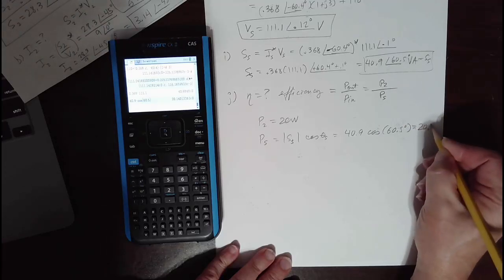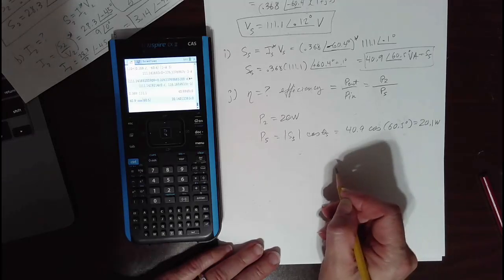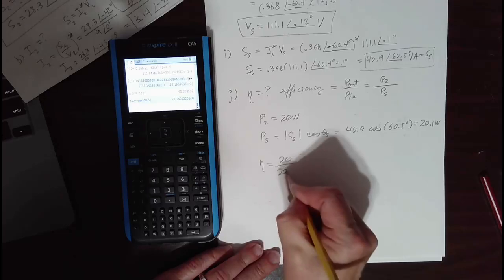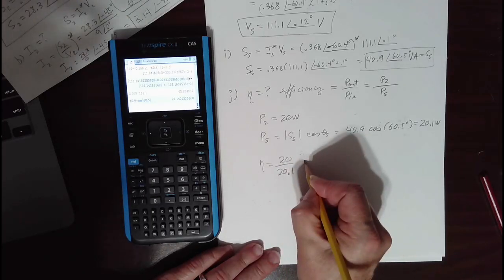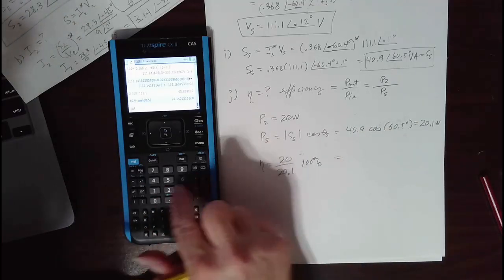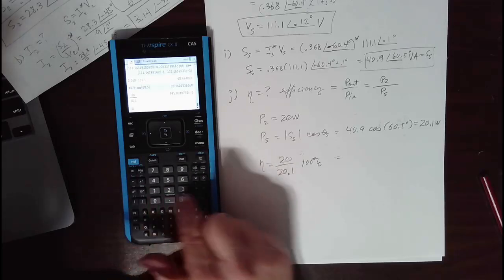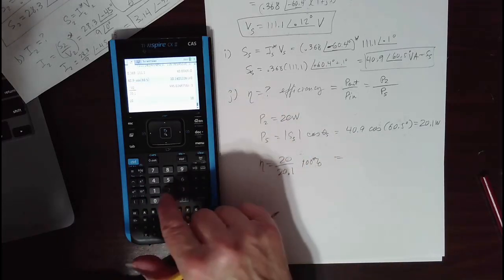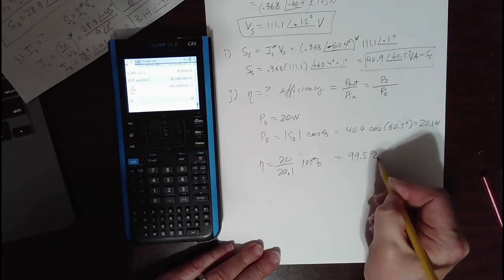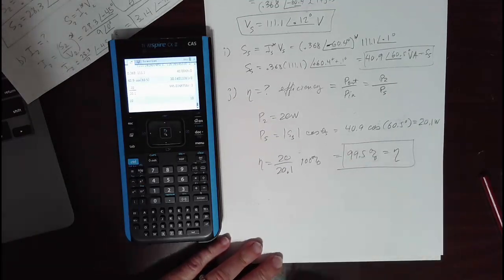But anyway, 20.1 watts. At least it's bigger. And so the efficiency, power out over power in, is 20 over 20.1. Usually it's expressed as a percent, multiplied by 100%. So 20 divided by 20.1 times 100 is 0.995 times 100, 99.5% efficiency. Okay, this is just made up numbers, but that's how you would do it.